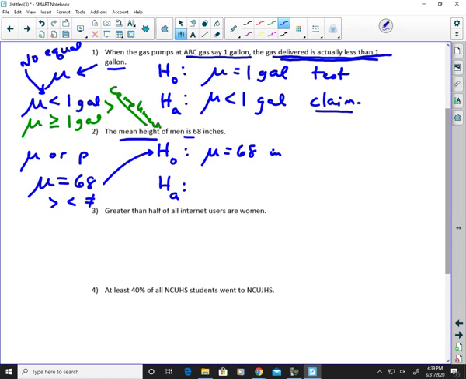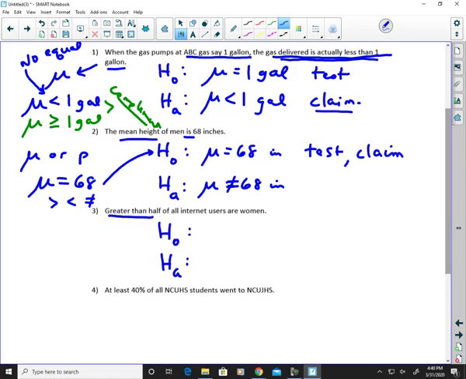And since they didn't say anything in there, then I need both sides. I need to look at being different. We always test the null. And when I say claim, it's like what's the wording of inequality or equality that I see in the sentence. Okay. Null, alternative.